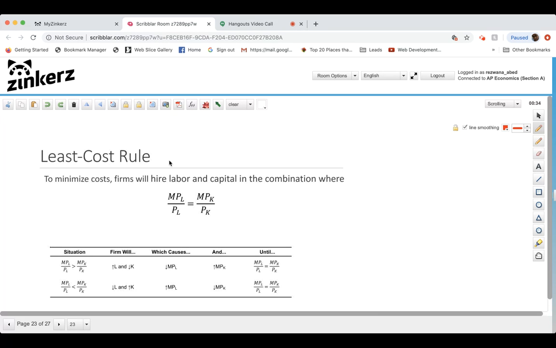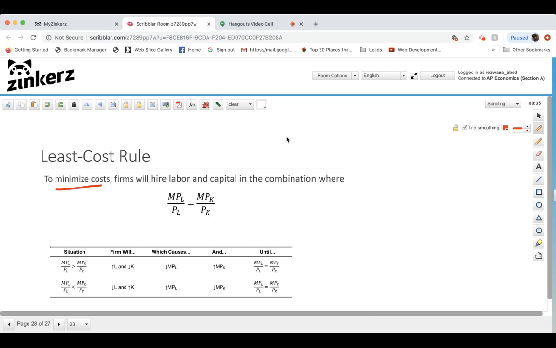Here, because we're on the factor side, factor prices are costs for firms. So we're going to talk about this idea of how to minimize costs. If firms have options to choose between different resources, different inputs, how do they go about choosing what combinations of labor and capital to use that will minimize their cost?